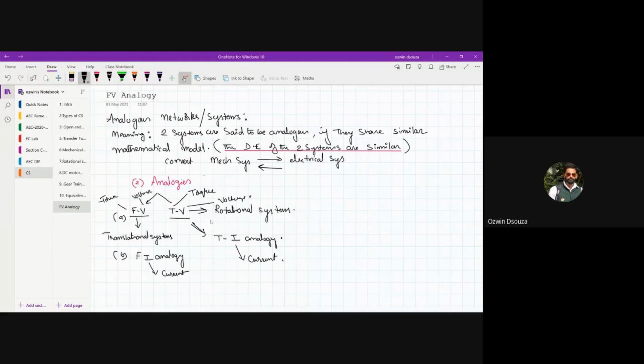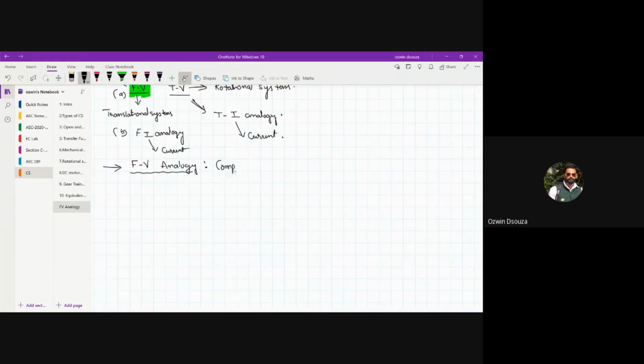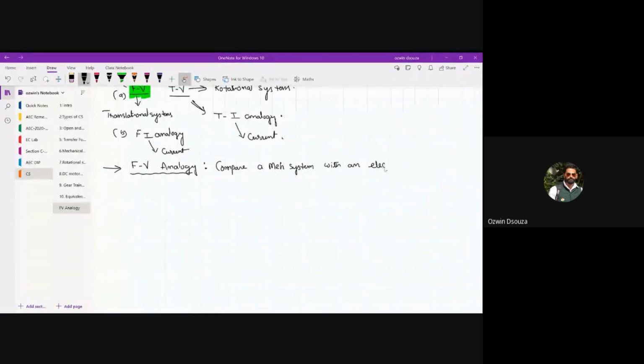First, let us try to understand the force-voltage analogy. Here the objective is to compare a mechanical system with an electrical system.